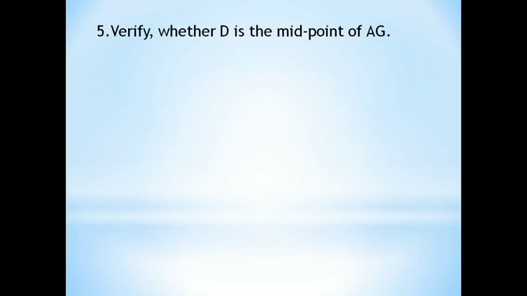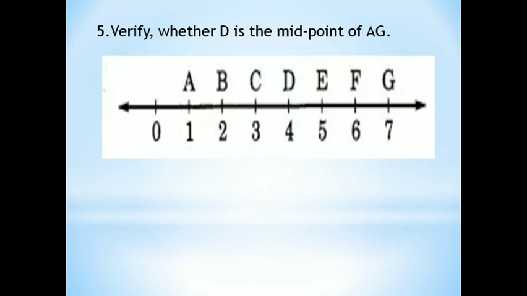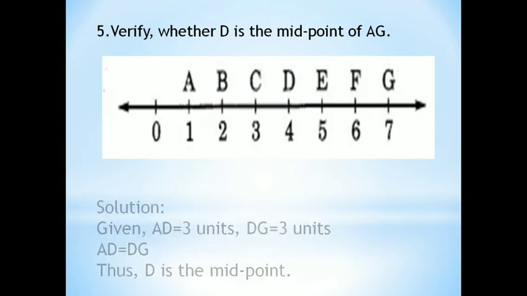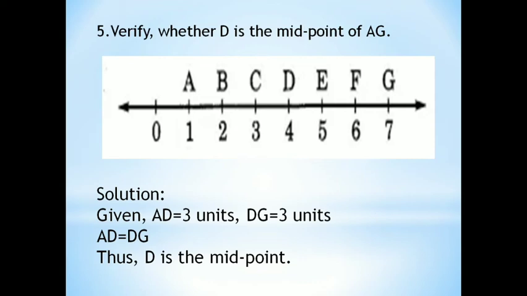Now, to verify whether D is the midpoint of AG. Look here, this is the diagram. And the solution is, look at AD. This is A and this is D. You can see that between A and D there are 3 parts: 1, 2 and 3.